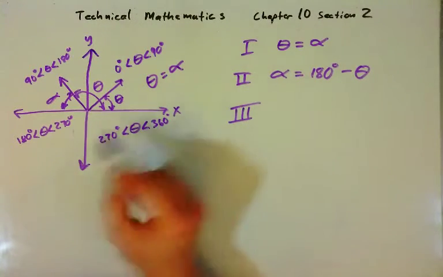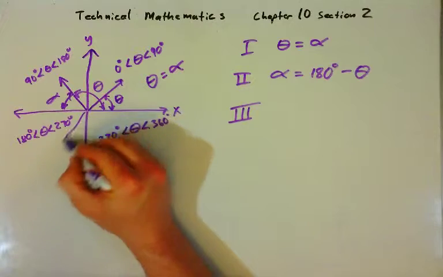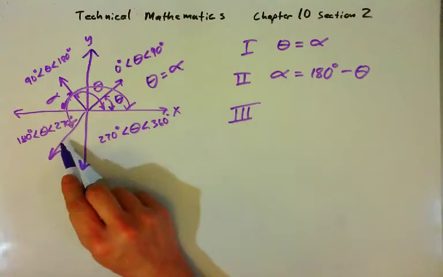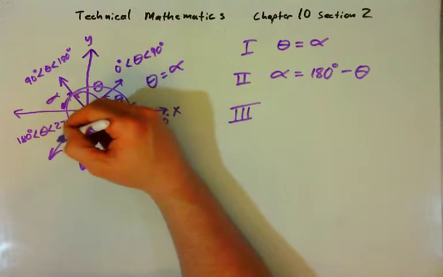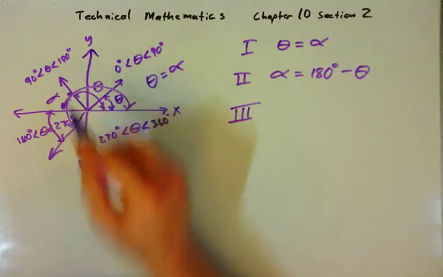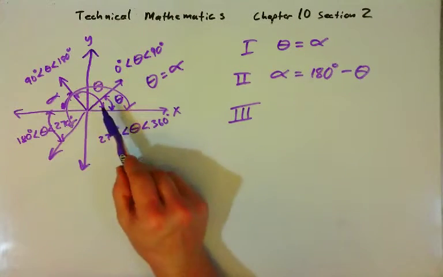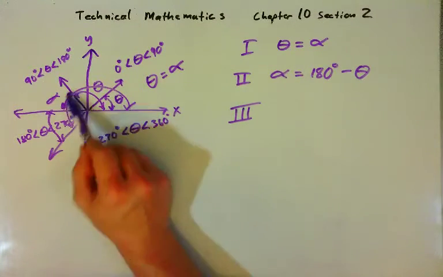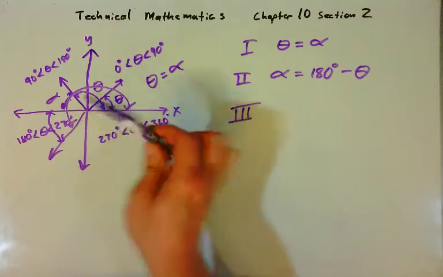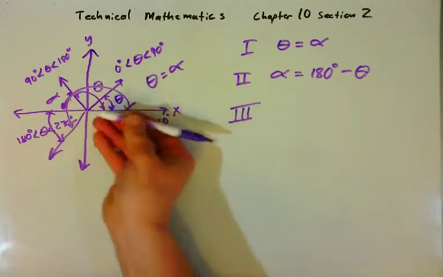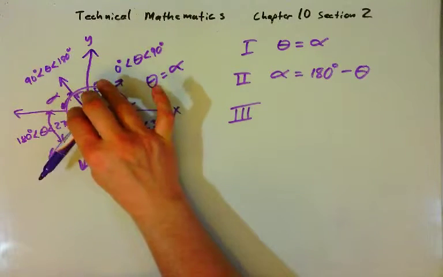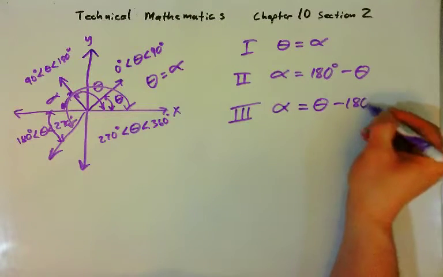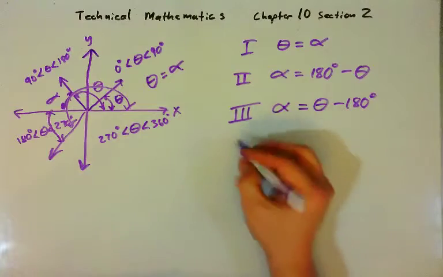In the third quadrant, the angle theta is greater than 180 but less than 270, and alpha is going to be this angle. Whatever theta is, if you take away 180, what is left is alpha. So alpha will be equal to theta minus 180 if we're in the third quadrant.